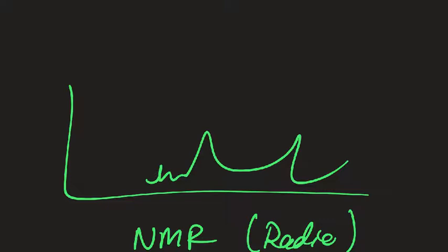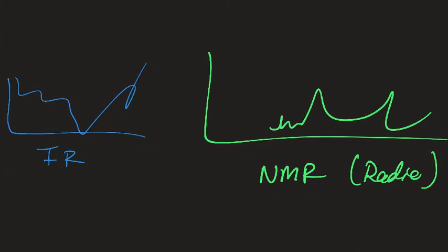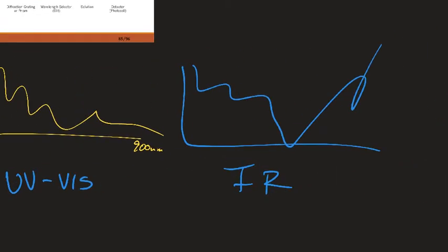NMR spectroscopy gave us the nuclei flipping, which allowed us to really figure out the structure of molecules, or at least if they have hydrogens or carbon-13 or whatever. Infrared spectroscopy gives us information about functional groups and how atoms stretch or rotate or wag and wiggle around each other.